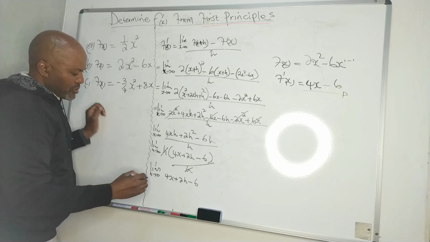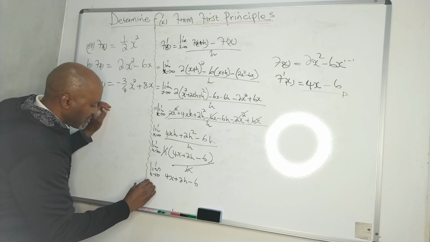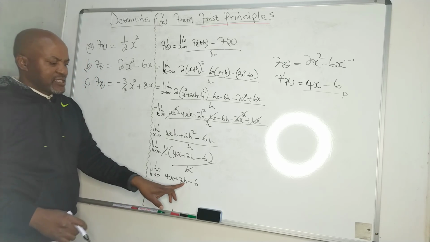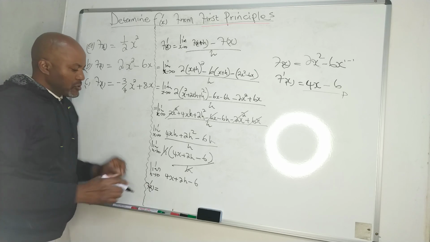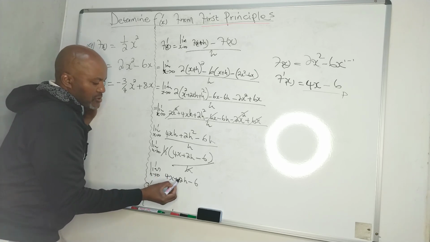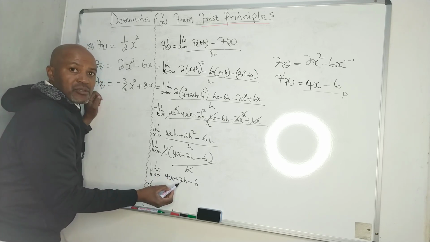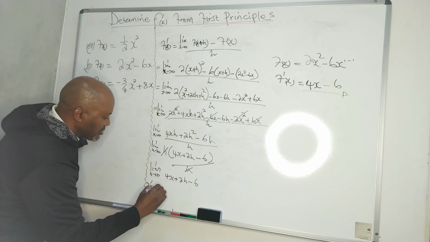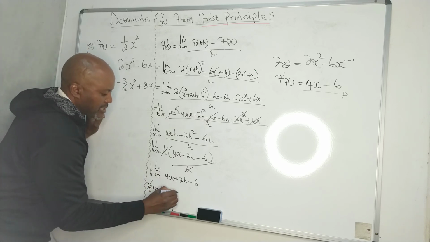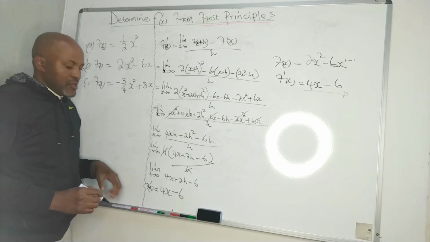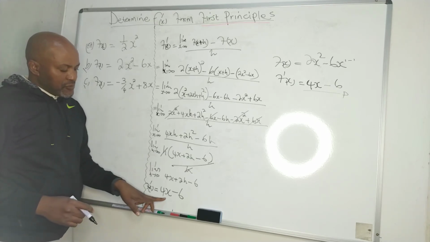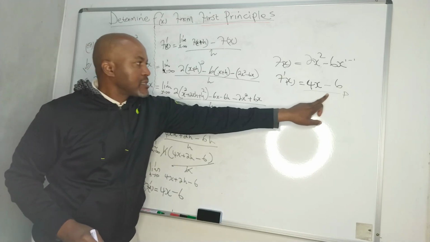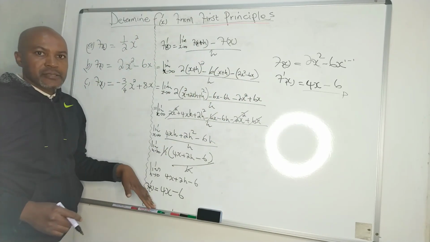Okay, so if we put 0 here, we're going to get 2 times 0, which is 0. So we remain with 4x minus 6. If you can check here, this 4x minus 6 is the same as this one, 4x minus 6, which means your steps are correct.